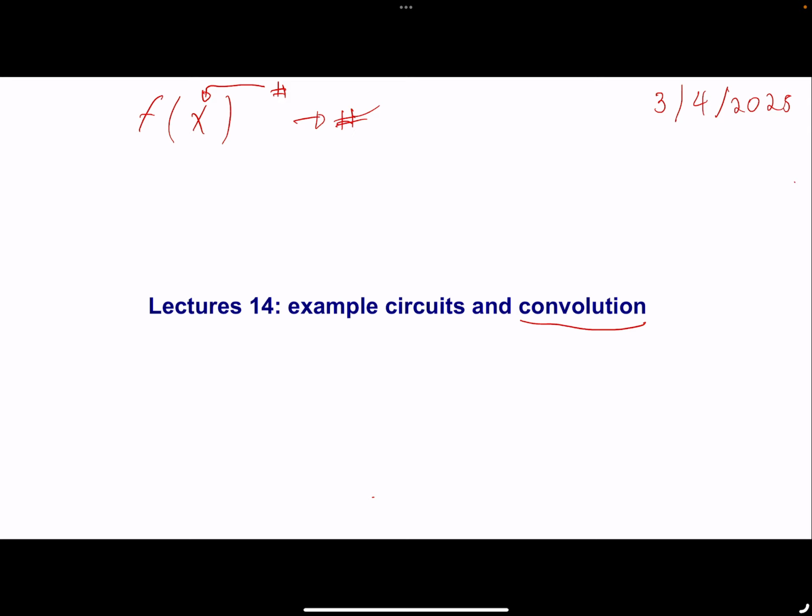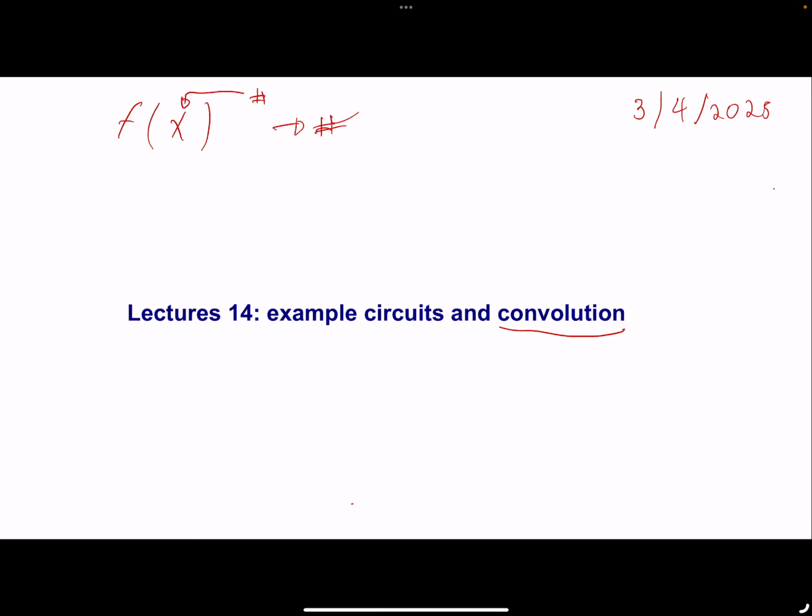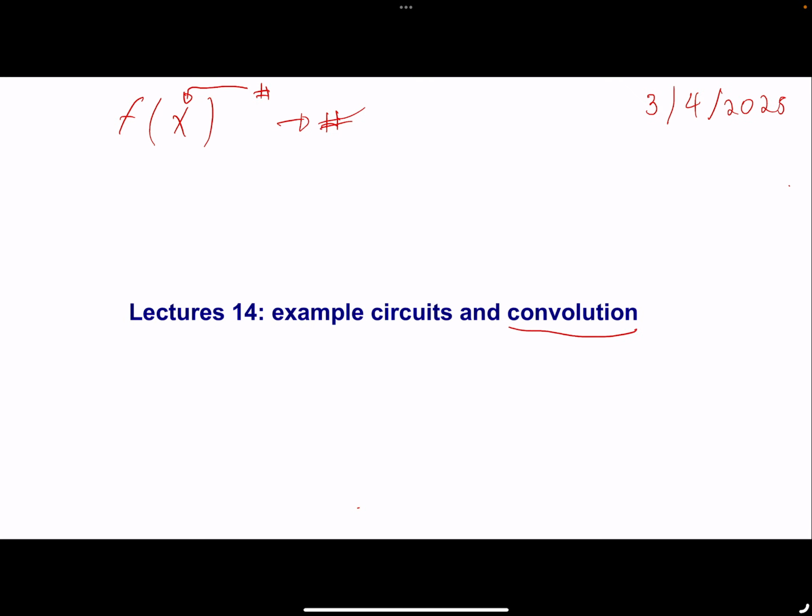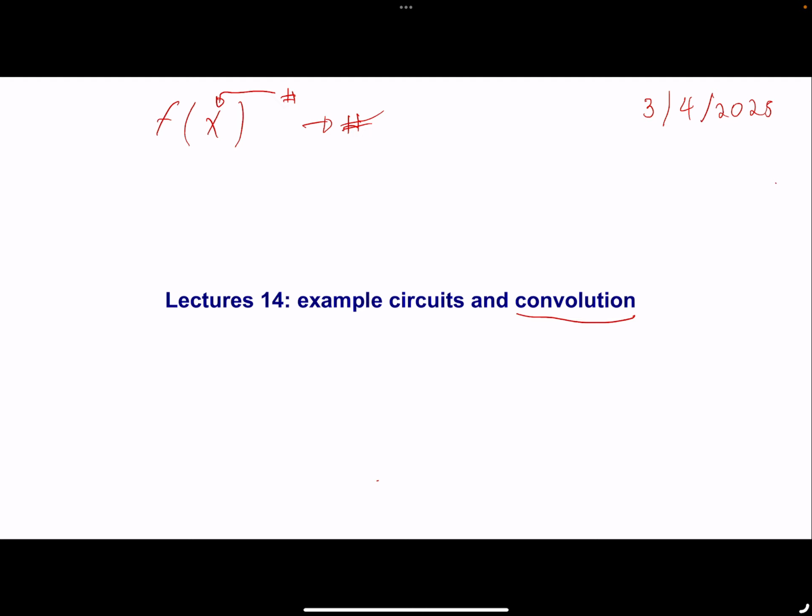And in particular, when we do convolutions, something's gonna happen to our input before we put it into the function. And this might be a little confusing to all of you, but it's actually not that complicated. So one way to think about it is if I have a candy machine.